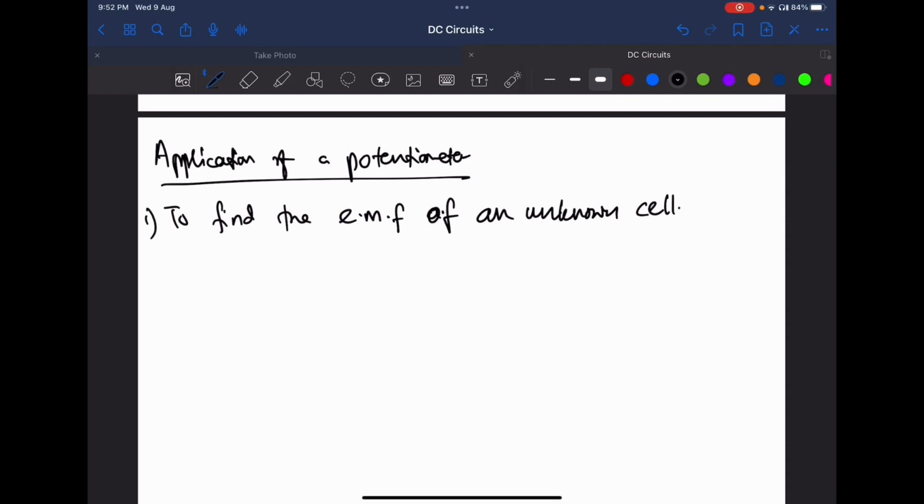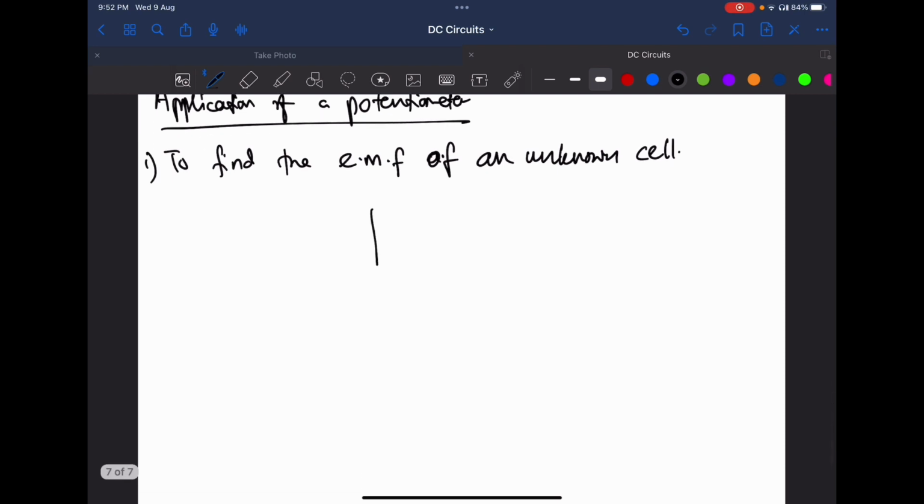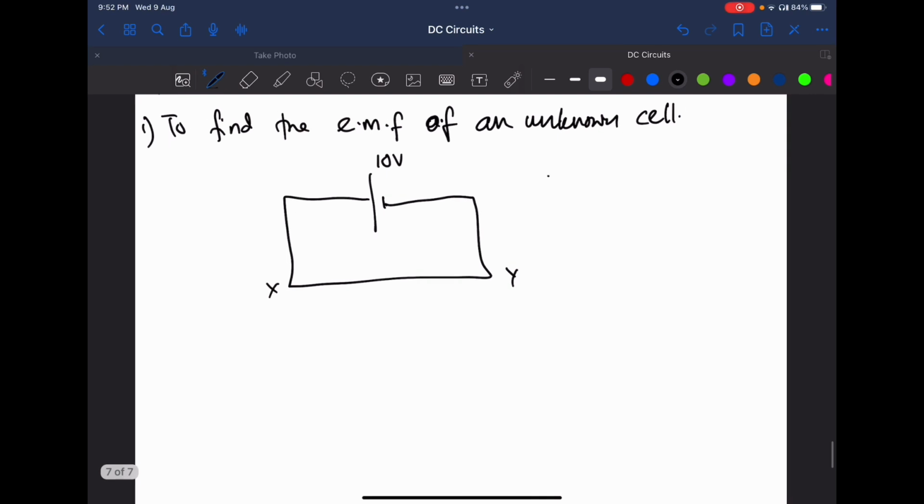Okay, so how do we do that? So let's say now we have 10 volt, so we get our wire. The wire is basically placed on a 1 meter rule. This is a meter rule, and the wire is placed like that.